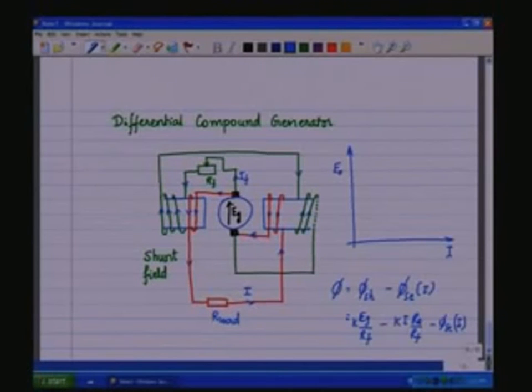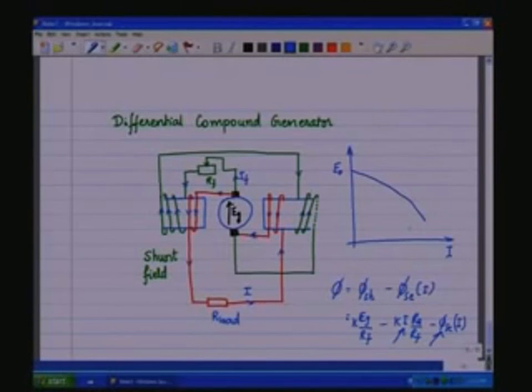So, as the load increases, the series also reduces the flux, and it drops pretty drastically. So, as the flux drops, the induced EMF also drops drastically. So, the voltage with load drops quite drastically here.